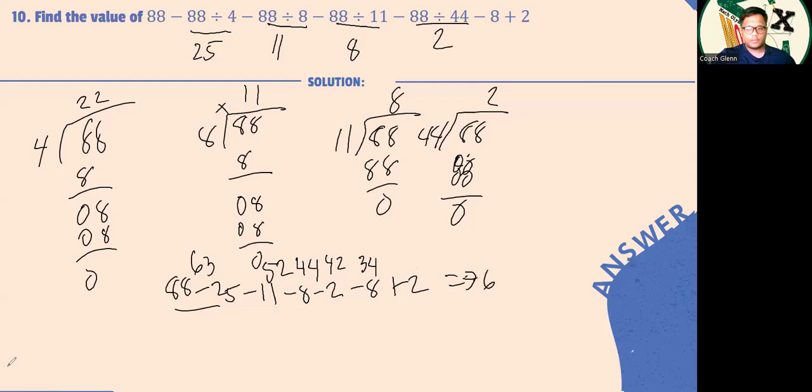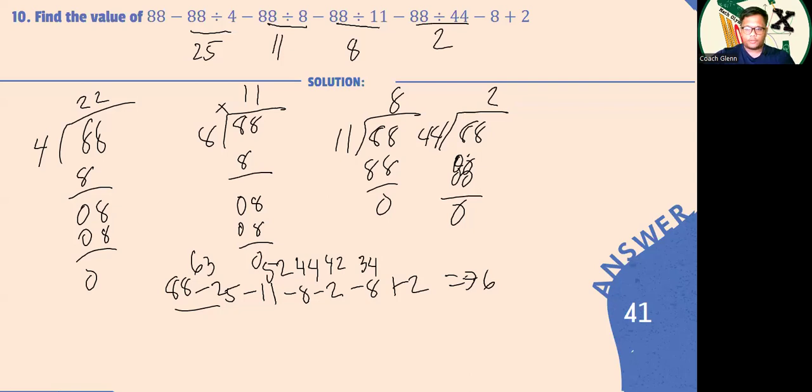Okay, let's check if we got it right. Wait, let me double check. 88 minus 25 is 63. 63 minus 11, that's 52. 52 minus 8, 44. 44 minus 2, that's 42. 42 plus 2, 44.